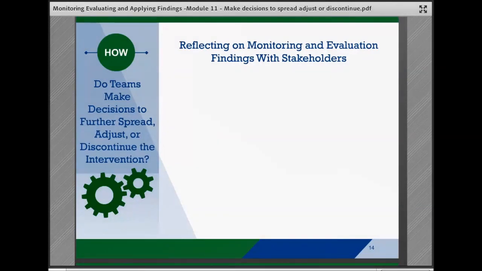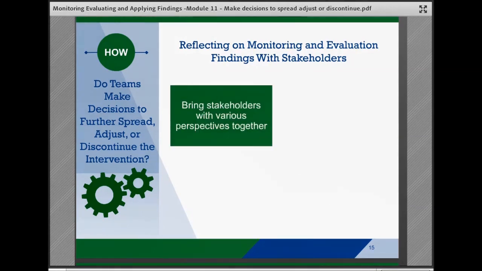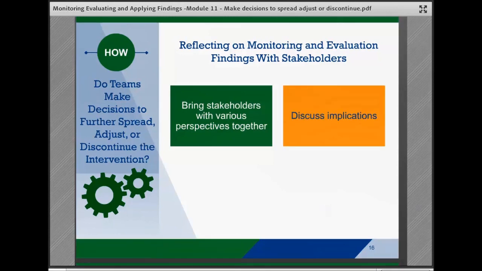How do teams make decisions to further spread, adjust, or discontinue? At key points in the monitoring and evaluation processes, teams should reflect on the findings with stakeholders. They should bring stakeholders with various perspectives together to review the findings. Discuss the implications as a group.